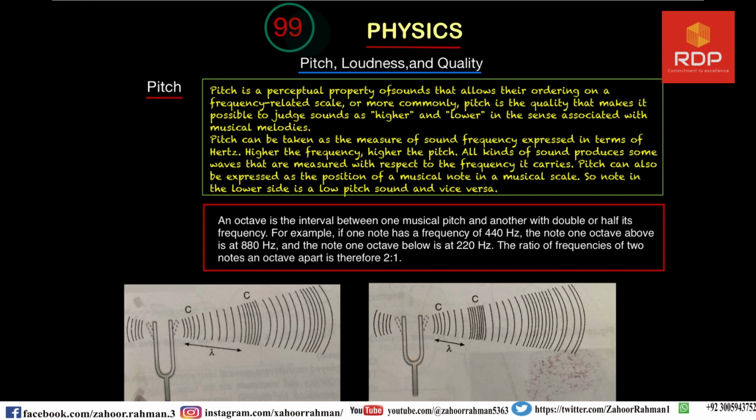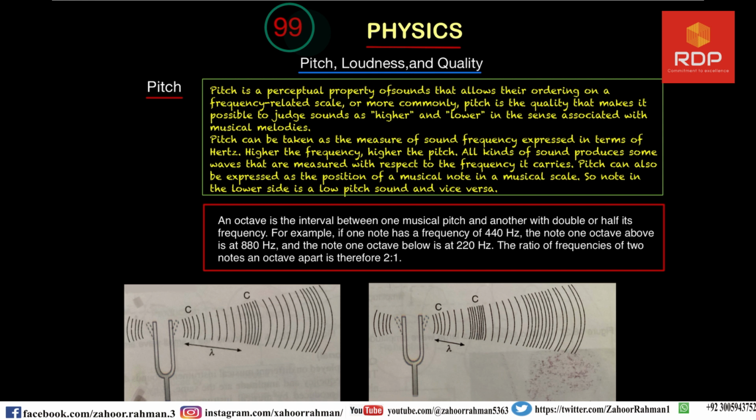Now, what is an octave? An octave is the interval between one musical pitch and another with double or half its frequency. For example, if one note has a frequency of 440 Hz, the note 1 octave above is at 880 Hz, which is the double of 440 Hz.